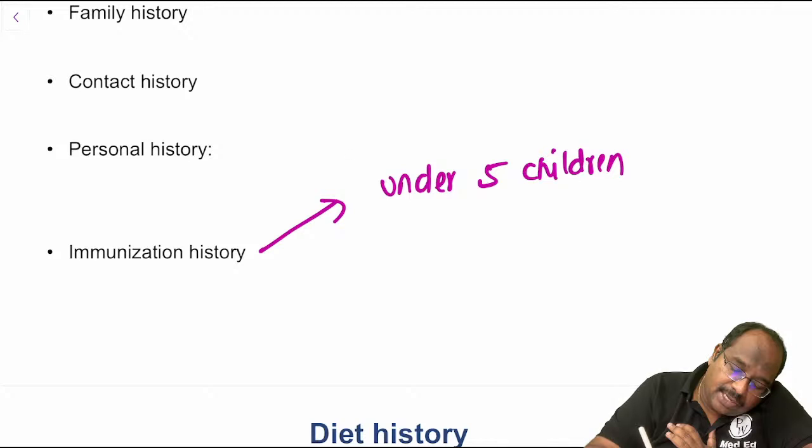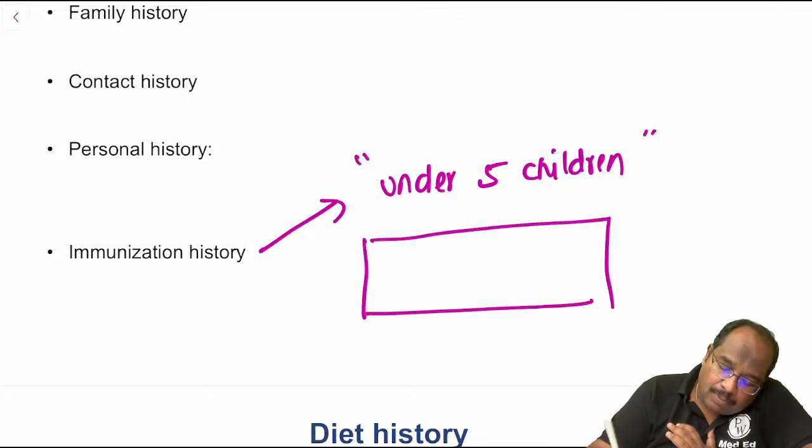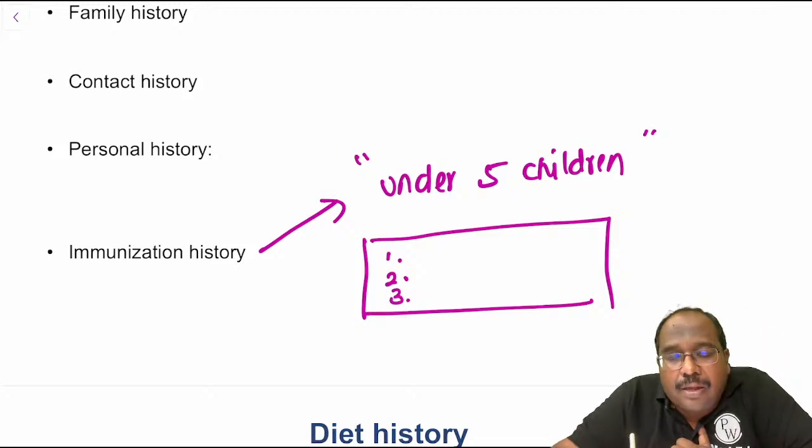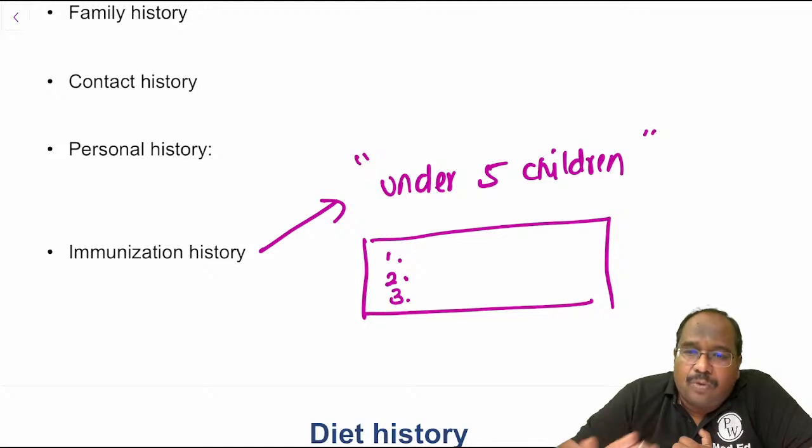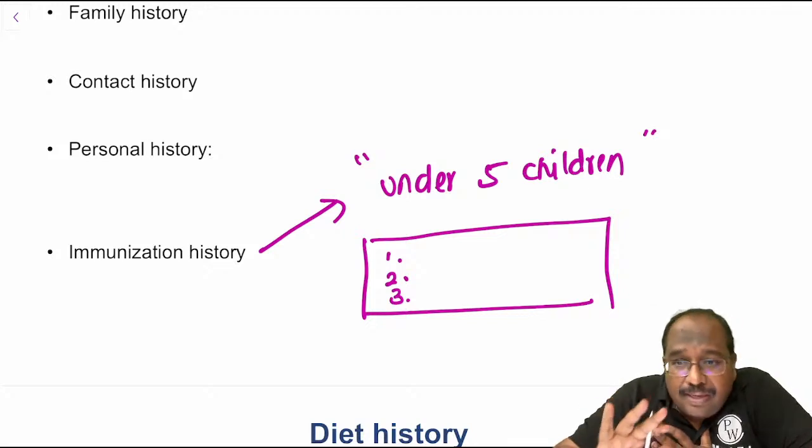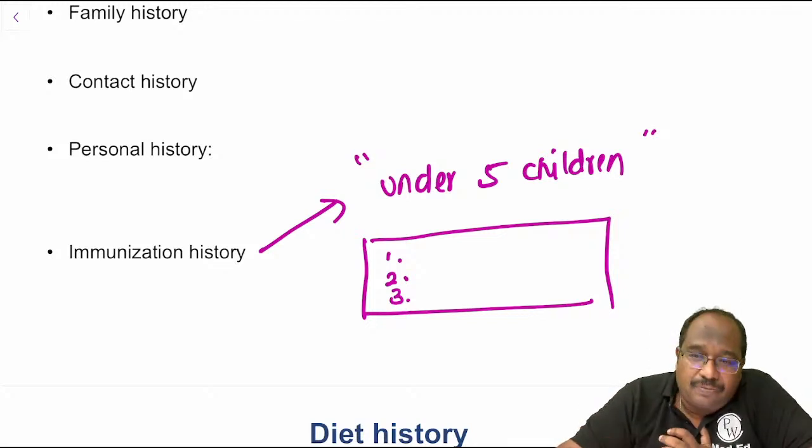If you are seeing this one, make sure that you make a table and mark the vaccines given: 1, 2, 3, like that. Whether BCG is given, OPV is given, IPV, whatever according to the age. If you make a table, that will tell me that you know the national immunization schedule.